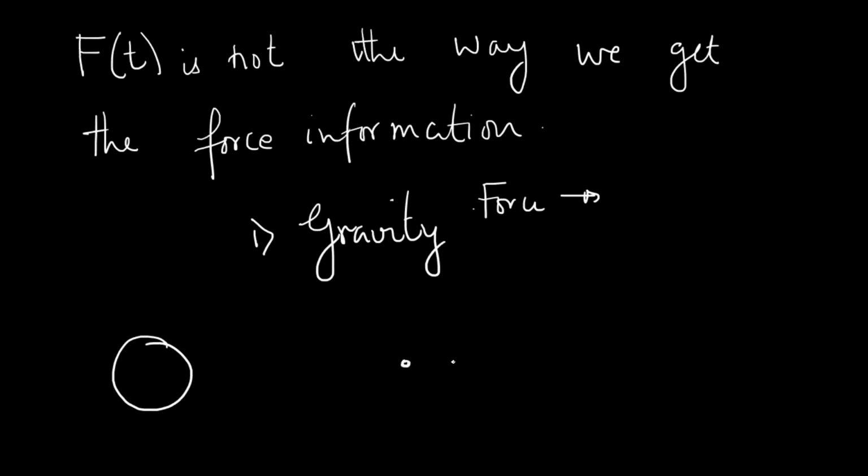So here's a particle, let's call it M, and here's a planet M. The force of gravity, which is always attractive, depends on the position of the particle x, and therefore force is not a function of time but a function of the position.